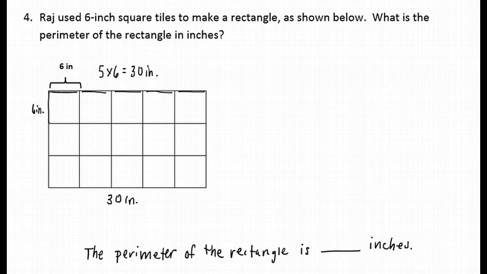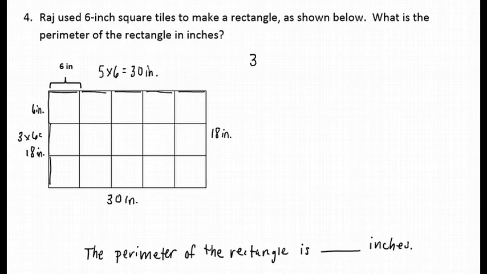And if I look at the side, or the width, each of these tiles would be 6 inches. There's 3 that make up the width. 3 times 6 is 18. So the width would be 18 inches. And that means the opposite side is also 18 inches. Now to find the perimeter, I just need to add all 4 measurements.